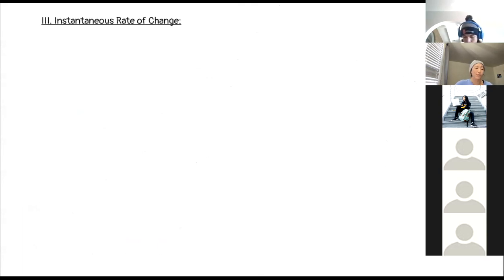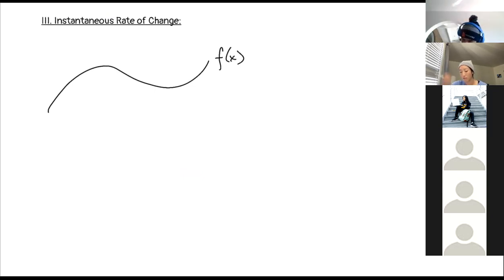Okay, so the instantaneous rate of change. We're going to draw a random function. Every time I say random, it always comes out looking like this, but here we go. I've got my function. I'm going to call this f of x. But this time, instead of having 2 points, I'm only going to draw 1 point.